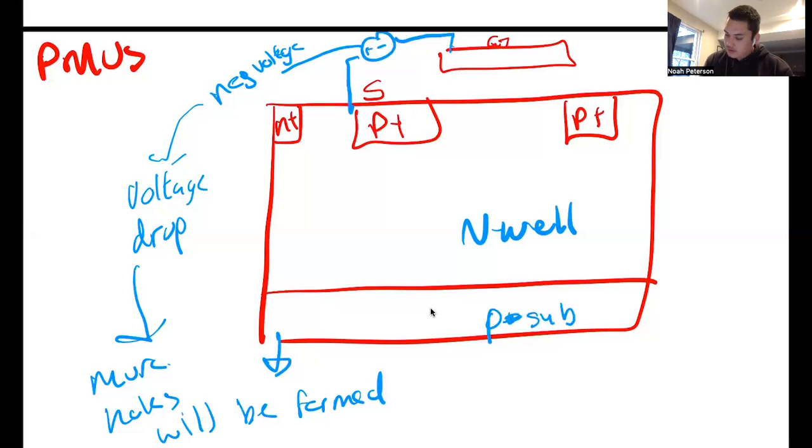Contrary to the NMOS, more holes being formed looks something like that, which creates your current in your PMOS device. Also, you need this VSG greater than VTH to turn on that device.